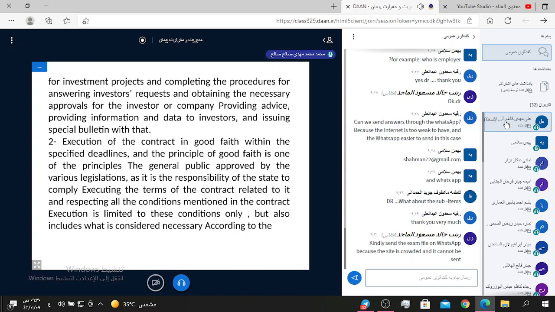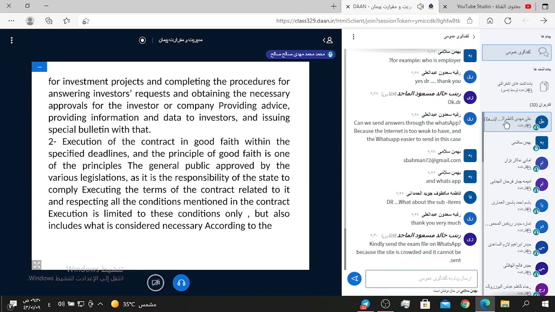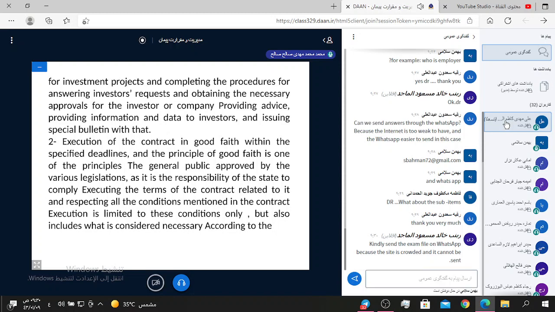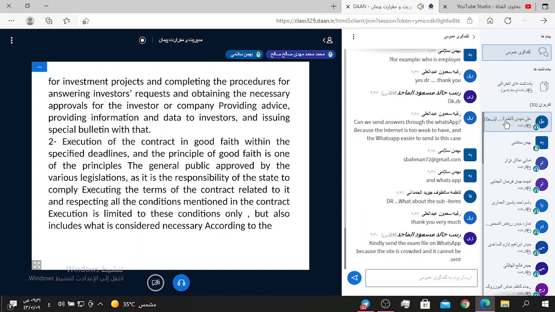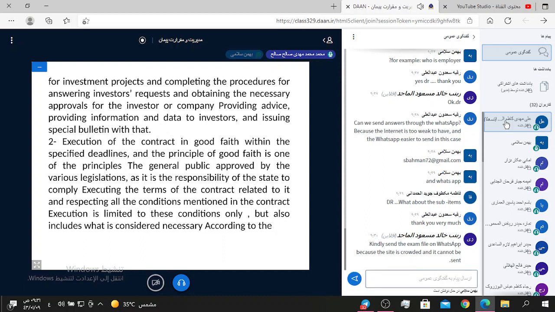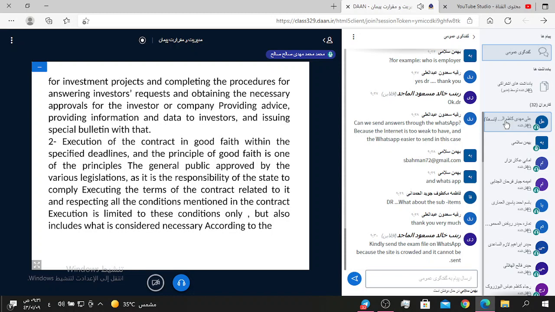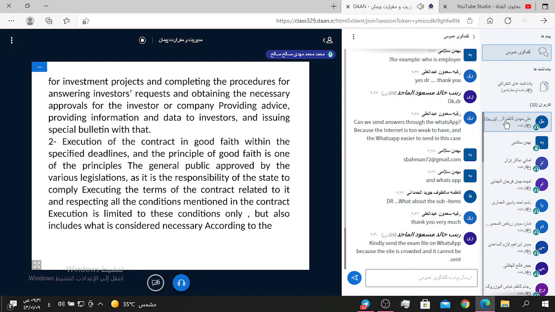Execution of the contract in good faith within the specified terms under the principle of good faith is one of the general principles provided by various legislation, as it is the responsibility of the state to comply with executing the terms of the contract related to it and respecting all the conditions mentioned in the contract.